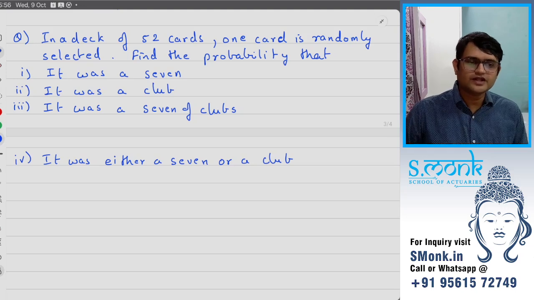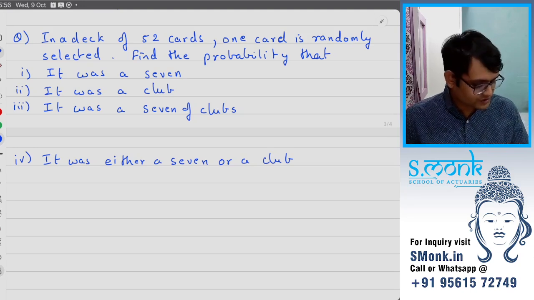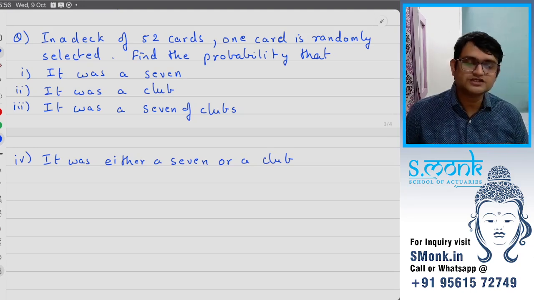Find the probability that first it was a 7. Can you tell me what should be the probability that it was a 7? What are the chances that it was a 7?